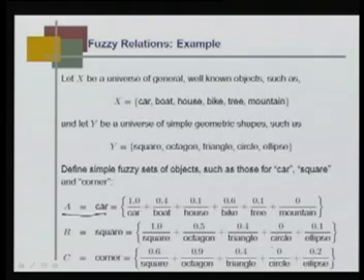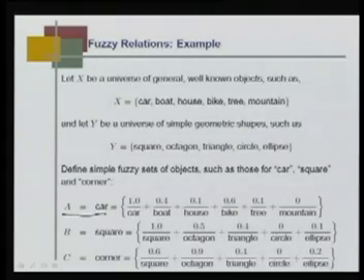So, for the fuzzy set corner, square has fuzzy membership 0.6, octagon has the maximum number of corners, so 0.9, triangle has 3, so 0.4, circle has no corners, 0, and ellipse 0.2. So, this is how we fuzzify the sets car, square and corner.